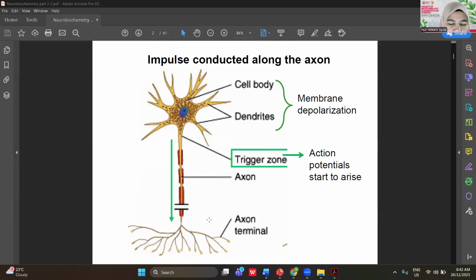In the myelinated axon, the action potential jumps between nodes of Ranvier through a process called saltatory conduction, which helps in making the transmission faster. The impulse then reaches the axon terminal, where it triggers the release of neurotransmitters into the synaptic cleft.